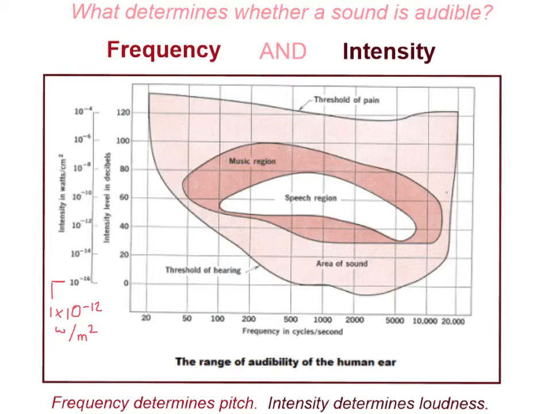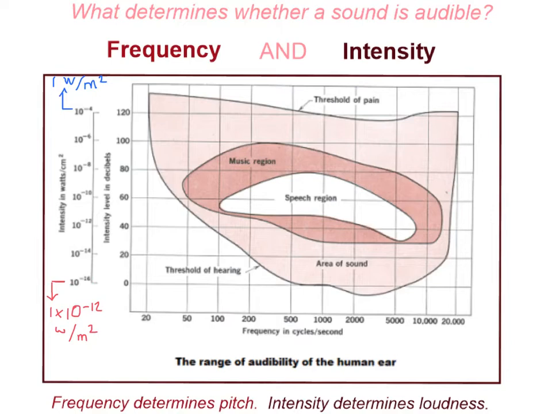The loudest sounds that the human ear can tolerate have an intensity of about 1 watt per meter squared, and that's equal to 10 to the negative 4th watts per centimeter squared on this graph. And you can see right here, that's called the threshold of pain, because sounds with greater intensities than this can produce pain in addition to hearing.